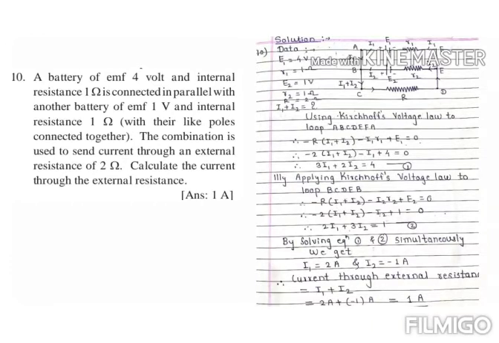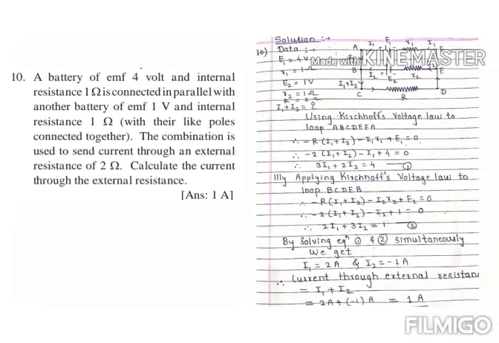Therefore, minus 2 inside the bracket I1 plus I2 minus 1 into I1 plus 4 is equal to 0. Therefore, 3I1 plus 2I2 is equal to 4, equation 1.